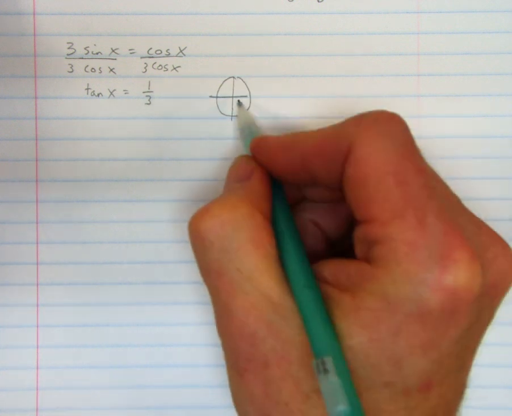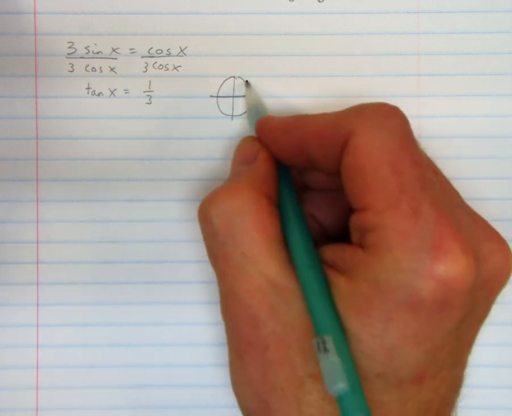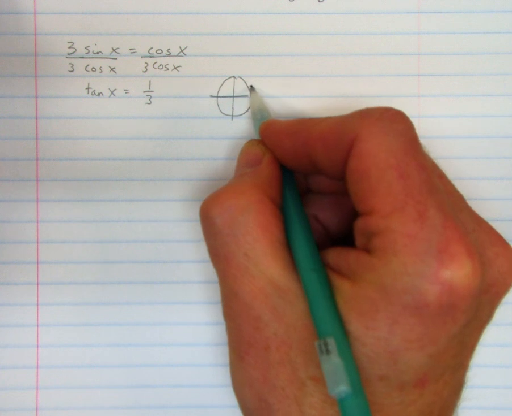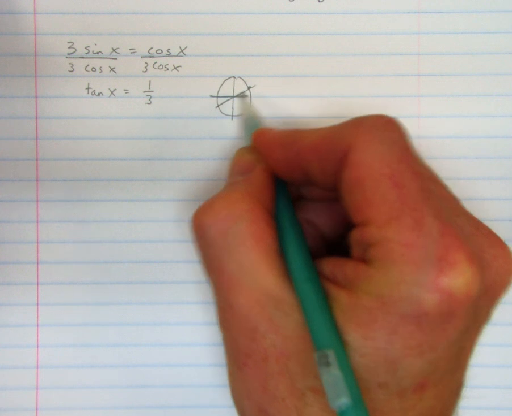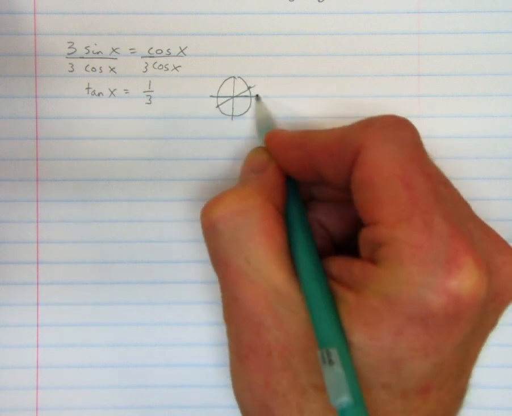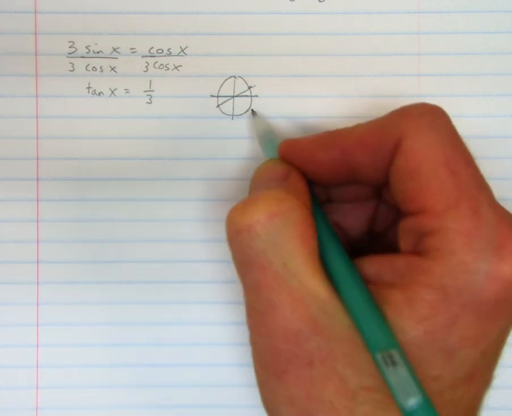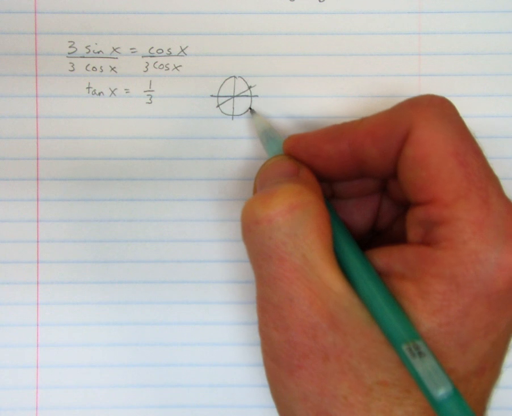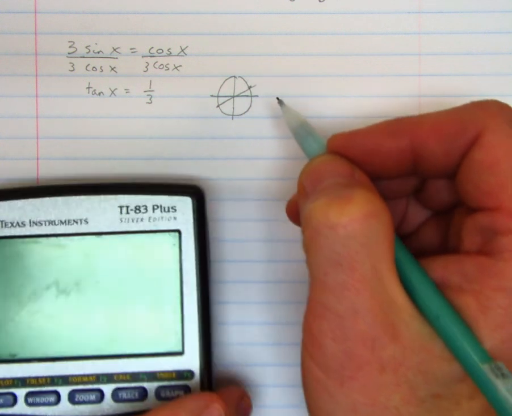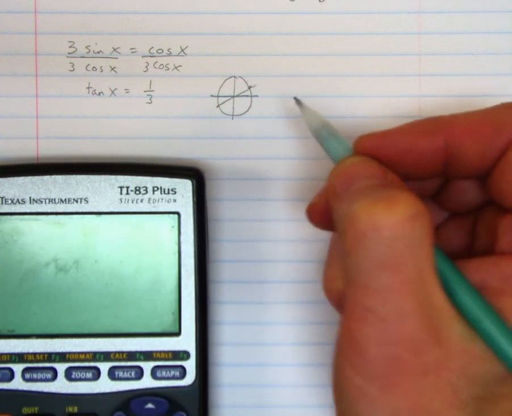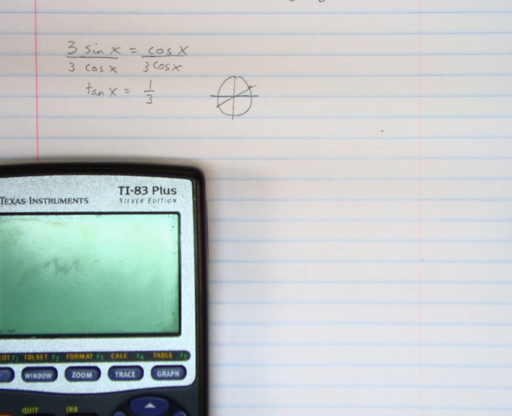Now we know that tangent equals 1 at the 45, so it's going to be something less than that. It'll be a line somewhere along these lines, this one here, and we need to now find those two values. Is 1/3 a unit circle value for tangent? No, it is not. So we need to take out our calculators. Let's see here, and we'll make sure we're in the proper mode. Yes, we're in radian mode.